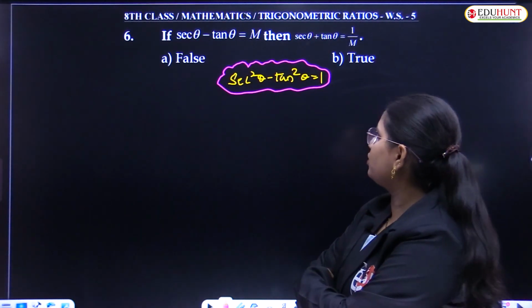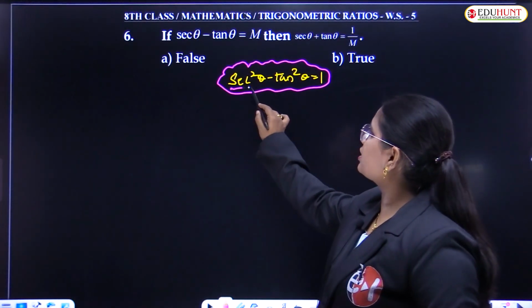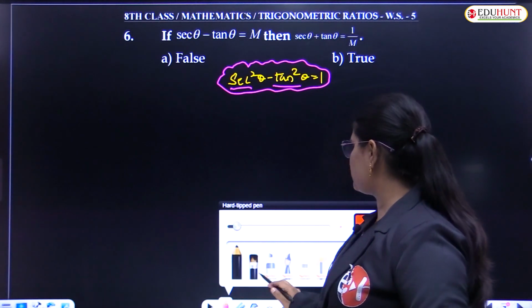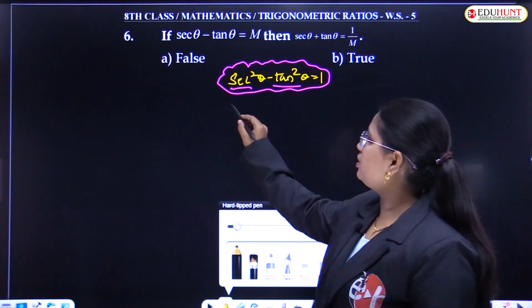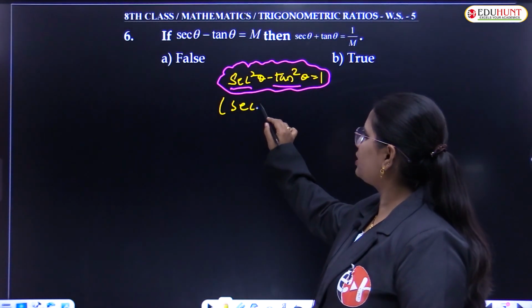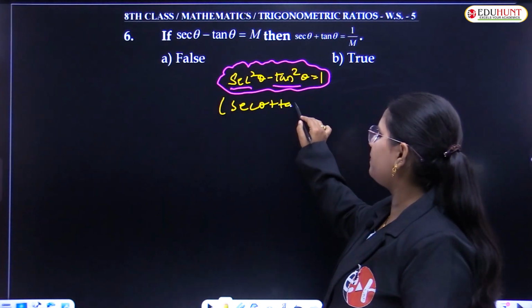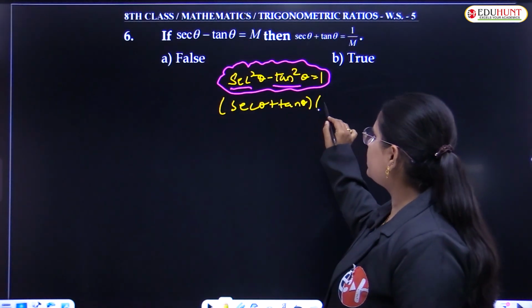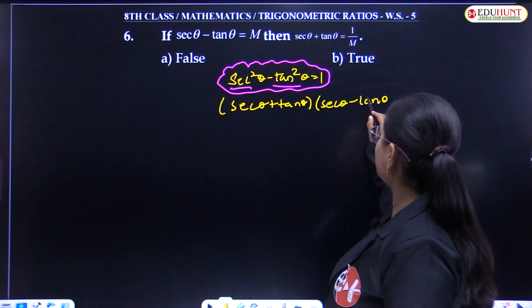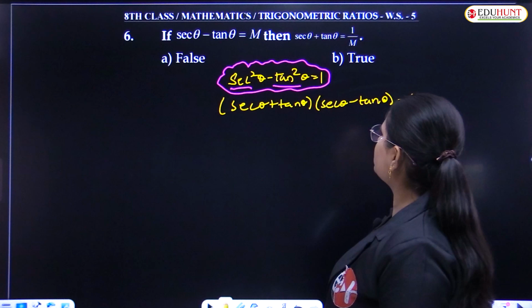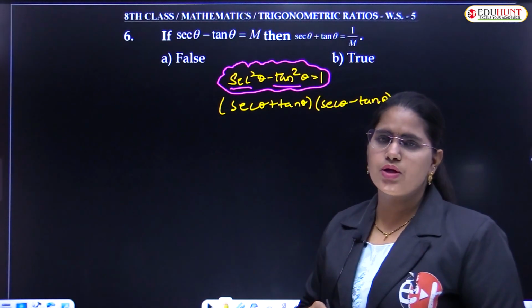So what am I going to do now? This can be written as a square minus b square. What is the formula of a square minus b square? Tell me. Yes, it is (a plus b) into (a minus b), which is equal to 1.